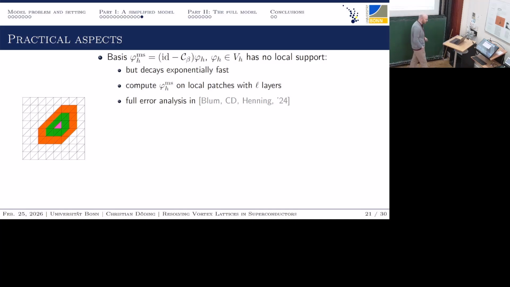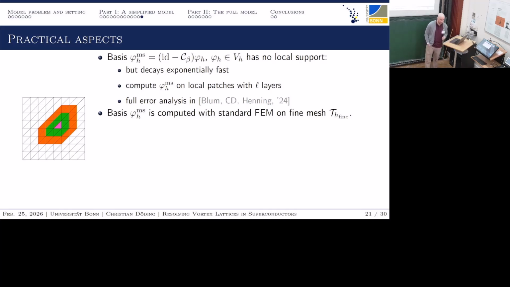In a sense, what comes out is that the number of layers that you need to choose is proportional to the logarithm of kappa. That's more or less the outcome of this error analysis, but I do not highlight this further. And of course, this basis function needs to be solved on some fine mesh size, which also introduces additional error on the small scale.